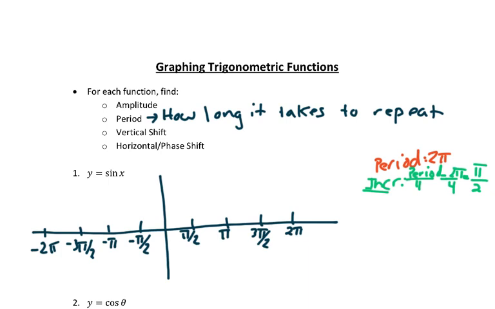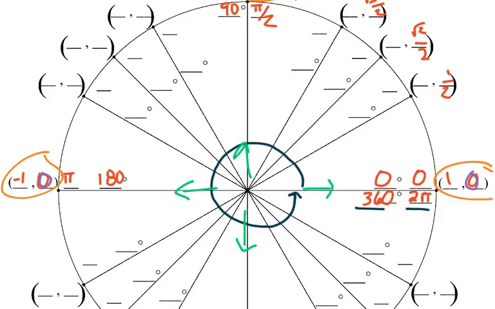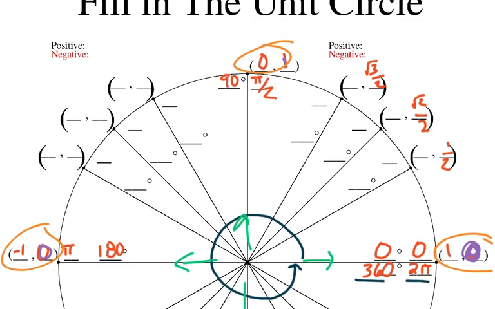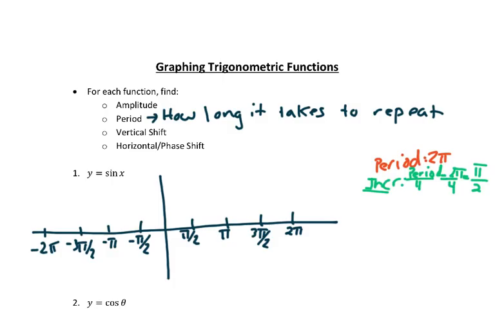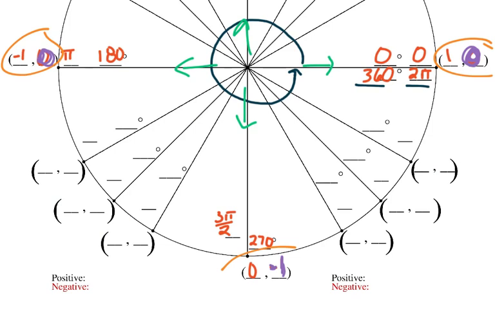Our y-axis is going to be our biggest and our smallest values of sine. So remember, sine is the y values. So I go from 0 to 1 to 0 to -1. So really all I'm going to need on here is 1 and -1. So I'm going to graph. At 0, if I look at my unit circle, at 0 radians, sine is 0.